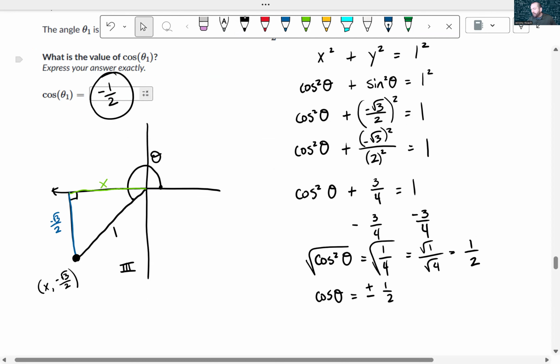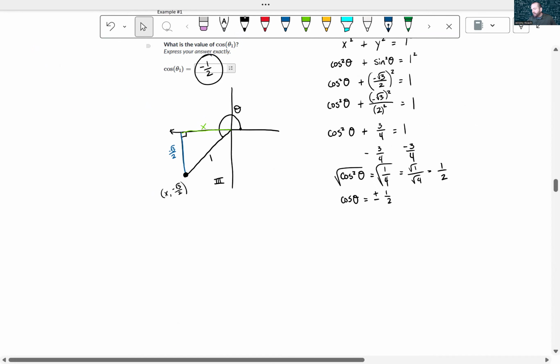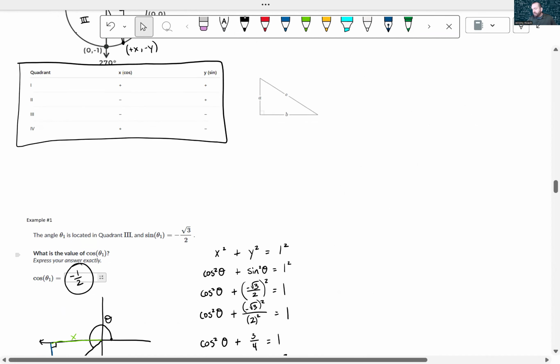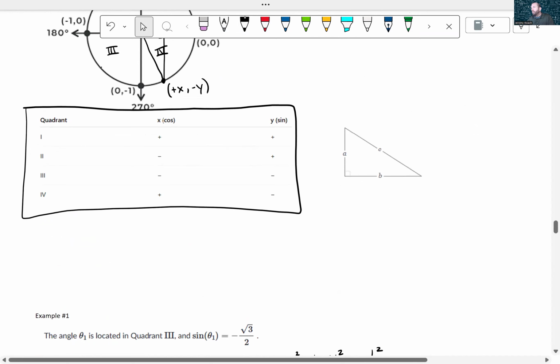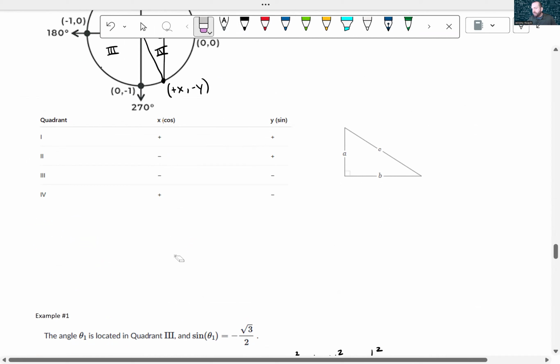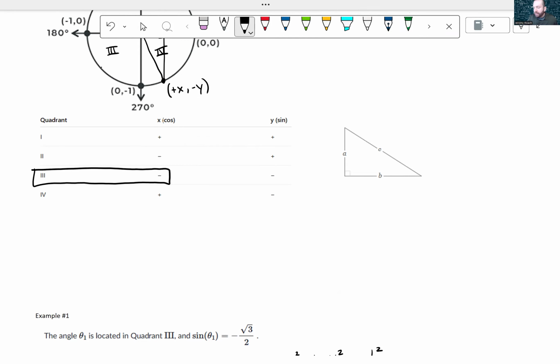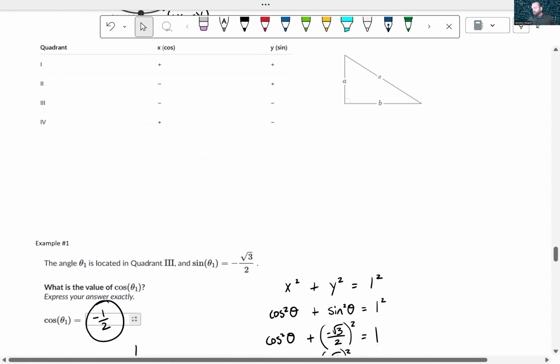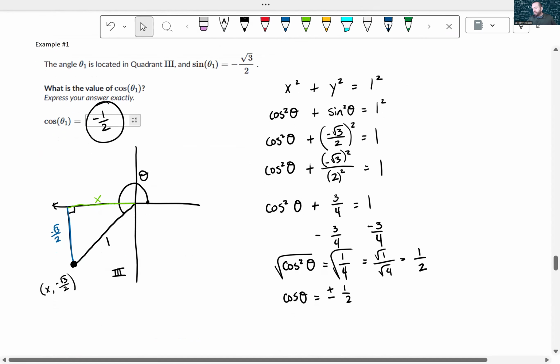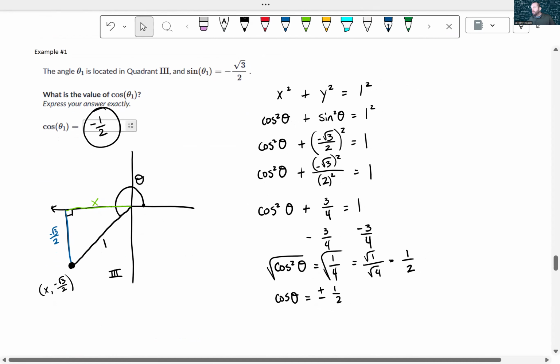And we can check that on our table. Let me see if I can go back to our table here. We're in quadrant 3. We want to find what cosine is for quadrant 3. And it is the negative value. So the reason that I was drawing out our diagram like this is so that you could make sense of what the table even means.